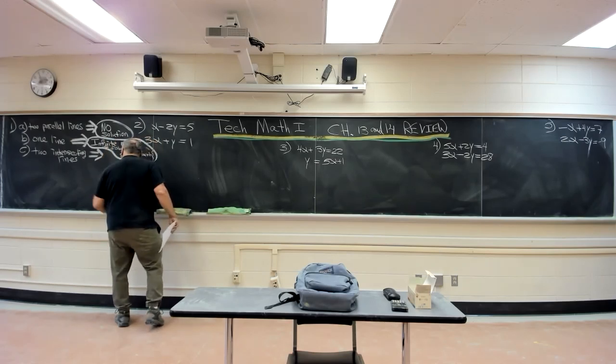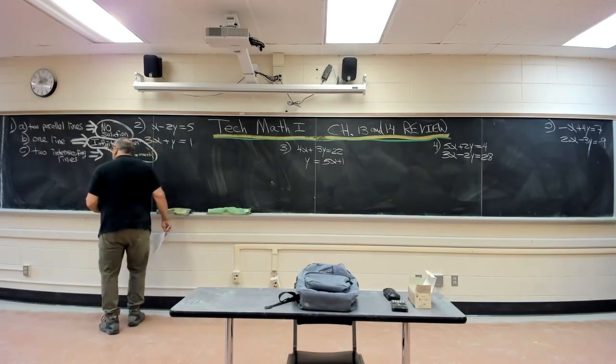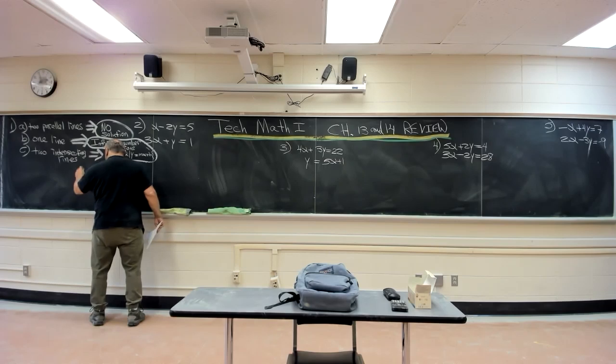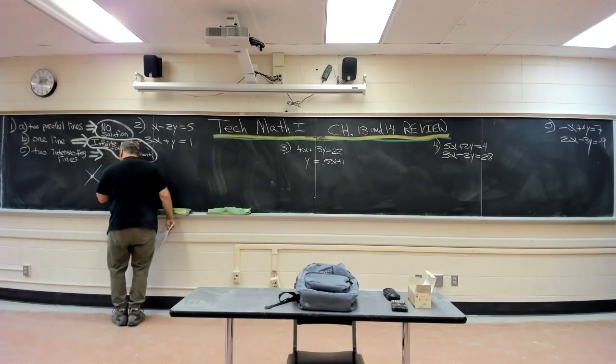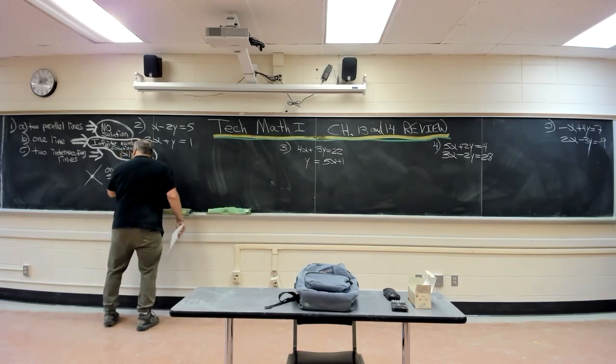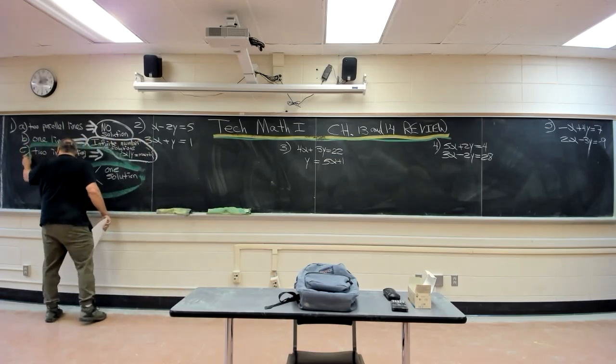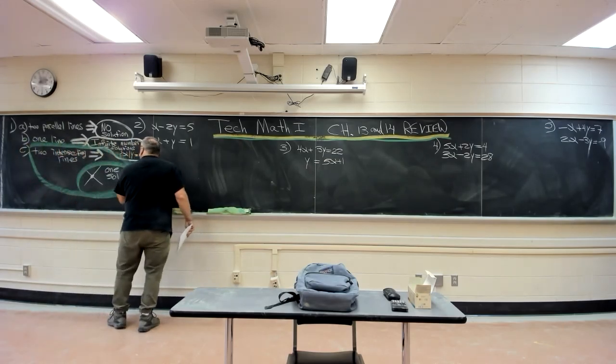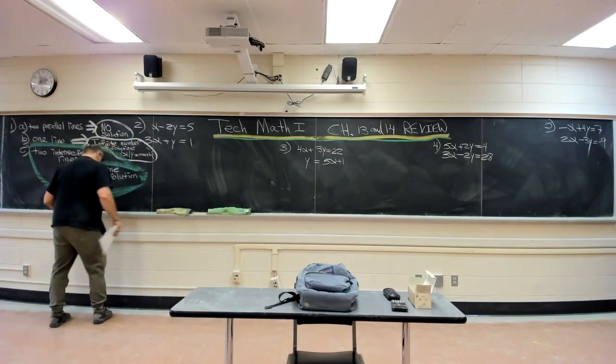All right, so let me try to get that together a little bit. When two lines intersect like this, there's one solution. So we've got this for the two intersecting lines.